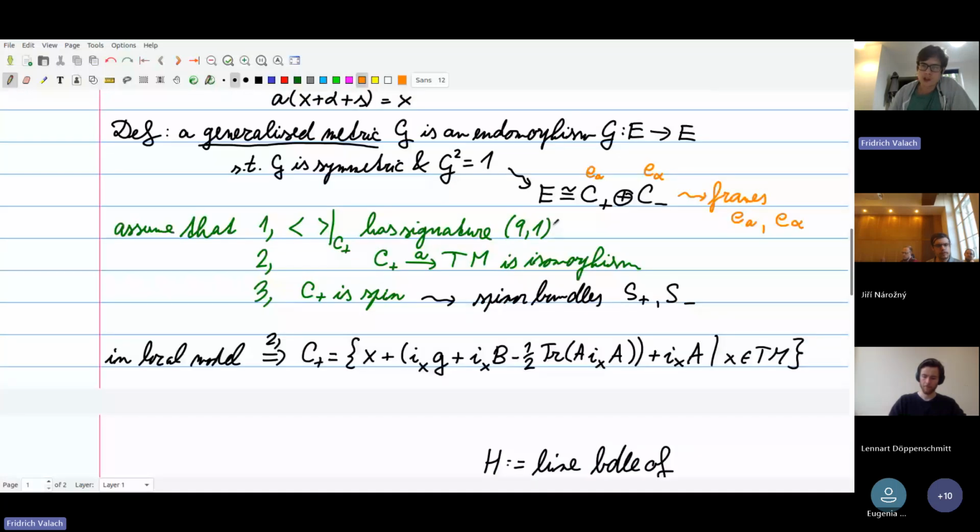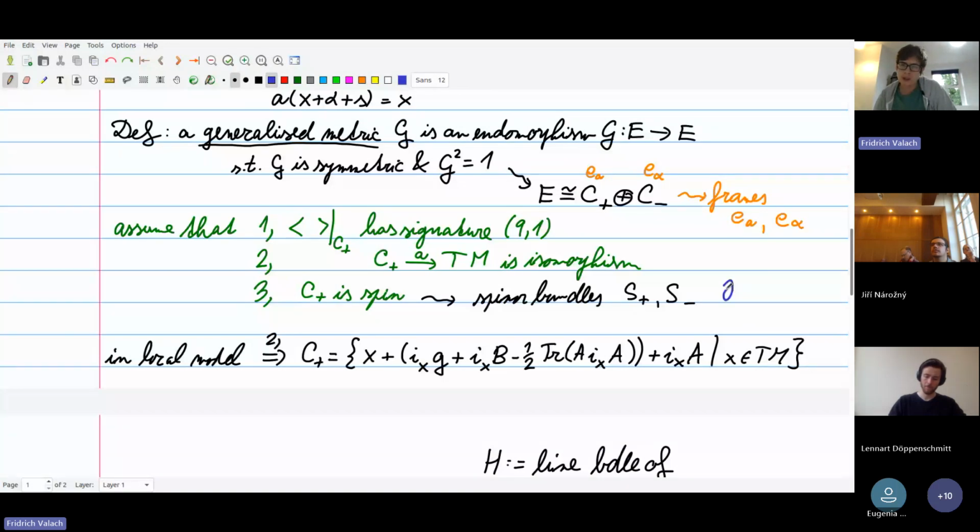Then any such local frame element is a section of C plus, and hence it acts on the spinors, and this is what physicists would call gamma A. So you have these gamma matrices, which are essentially the action of elements of the frame on the spinor bundles.